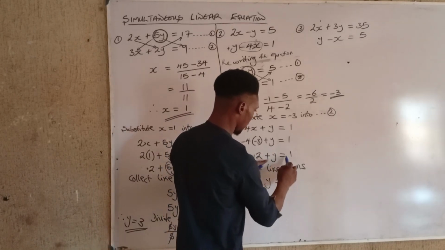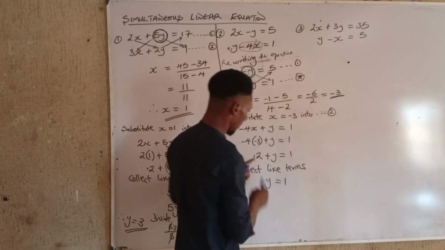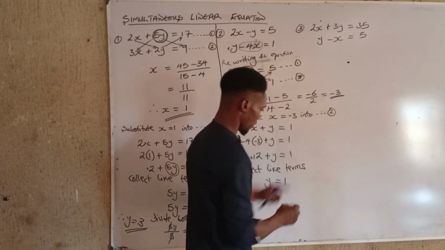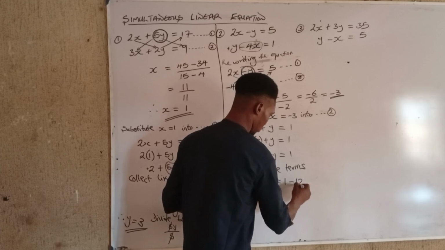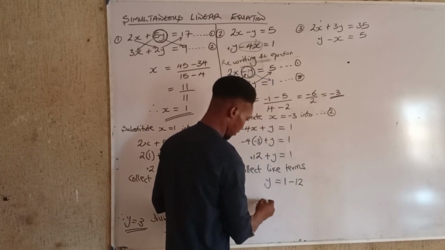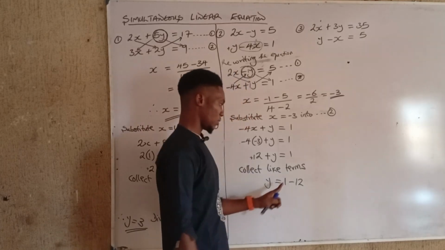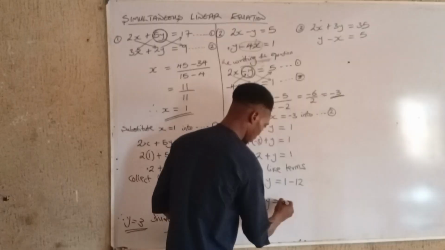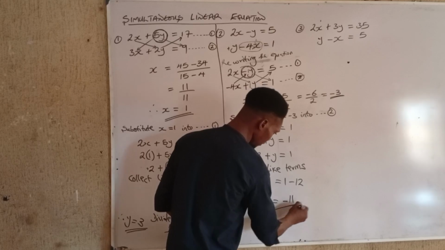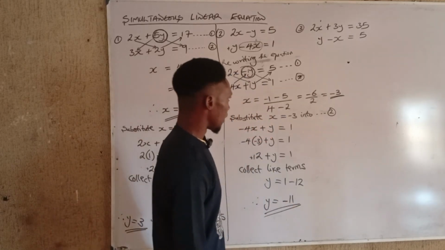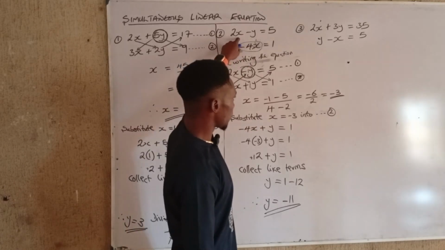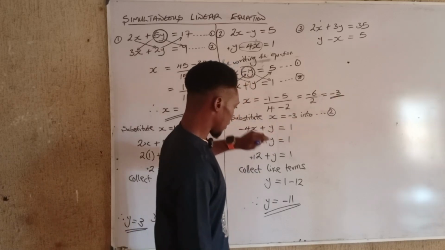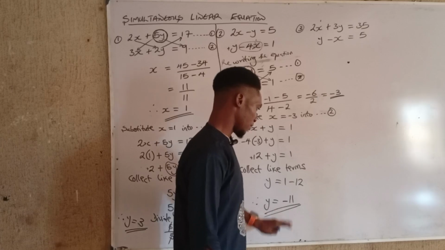Y is equal to 1. And there's an invisible plus here as well. Plus 12 crossing over becomes minus 12. Final answer, y is equal to 1 minus 12 will give you minus 11. So that's our answer. For this simultaneous equation, our x is minus 3 and y will be minus 11.